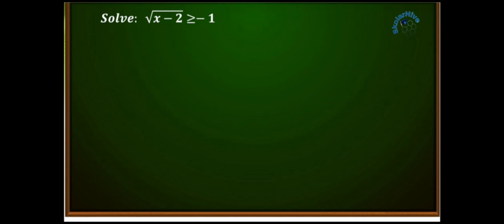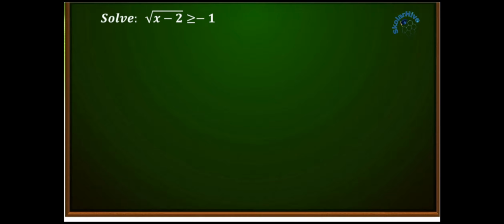Now let's check this particular inequality. How we can tackle this kind of questions. So here we are given the square root of x minus 2 is greater than or equal to minus 1.